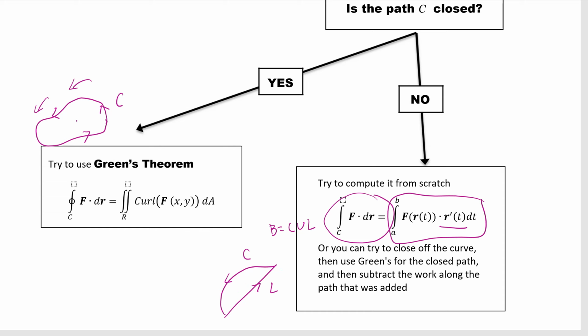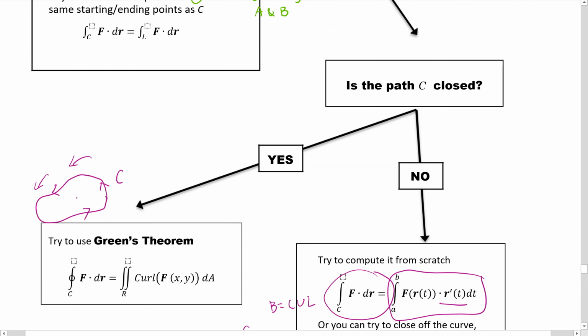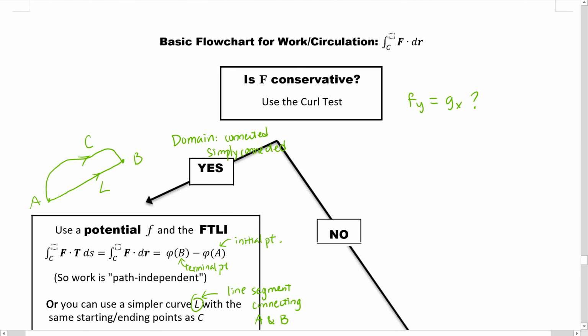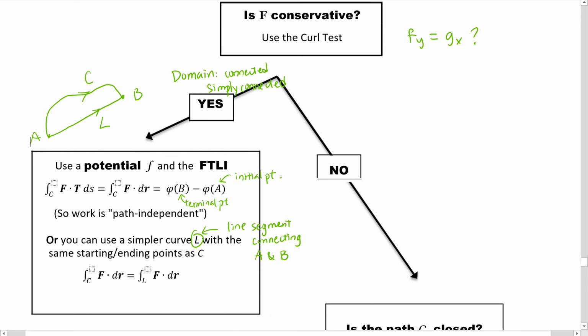So far so good. So this is like the complete map when we want to compute line integral. Okay, so this is a basic flow chart for the work done or circulation. First stage, curl test: is this vector field conservative?